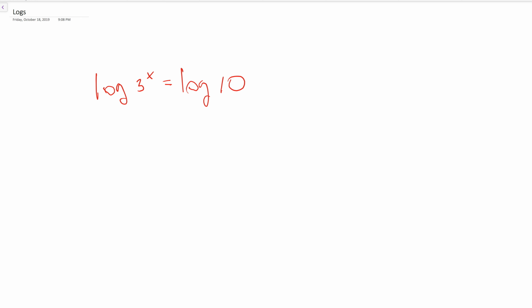But there's a little log rule. I think it's called the power rule. If you have an x right there in a log, or anything in the power, that power can go right there.